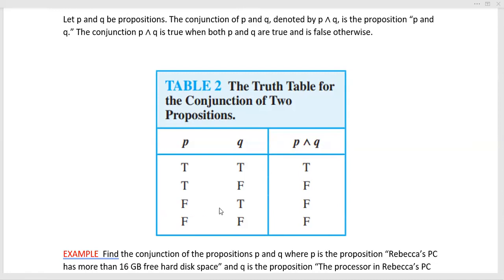If P is false and Q is true, then P and Q is false. If P is false and Q is false, then P and Q is false. So what is the final conclusion? Only when both are true is P and Q true. In the other cases, it is false. Okay, thank you, Bhumesh.